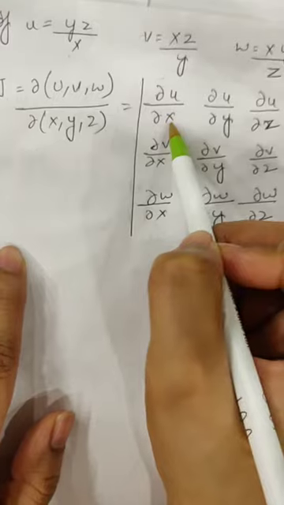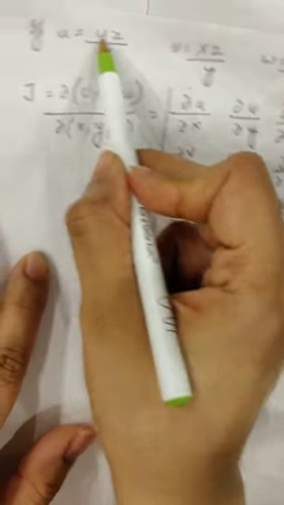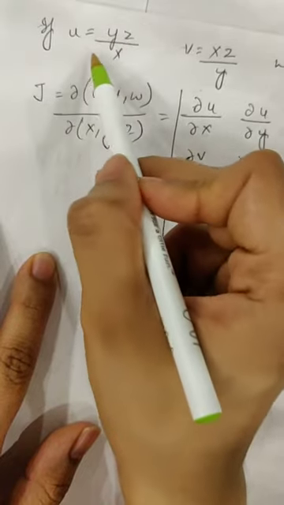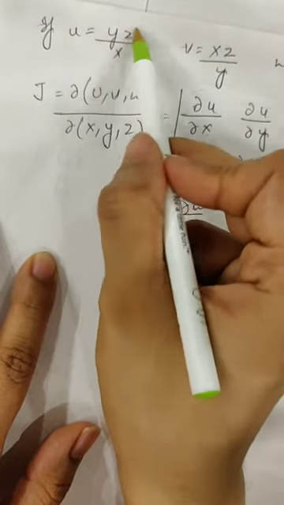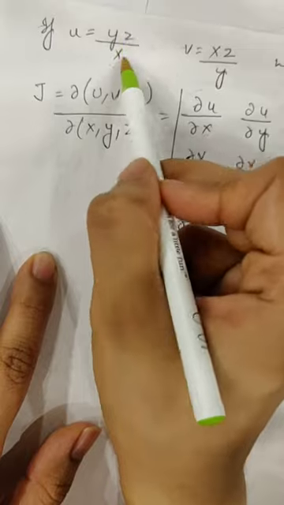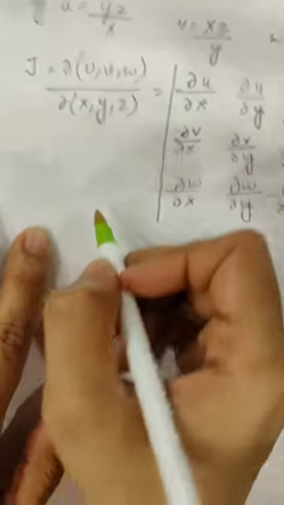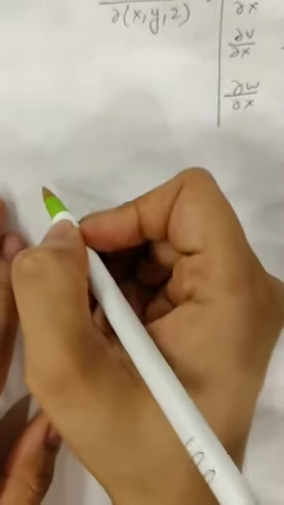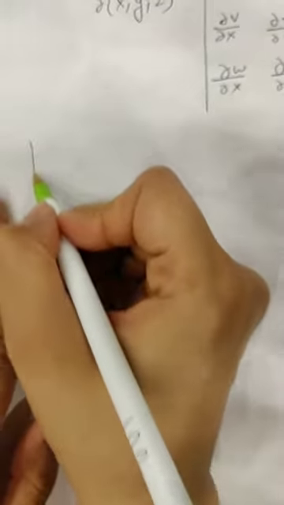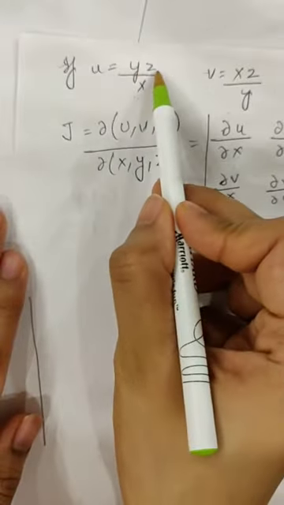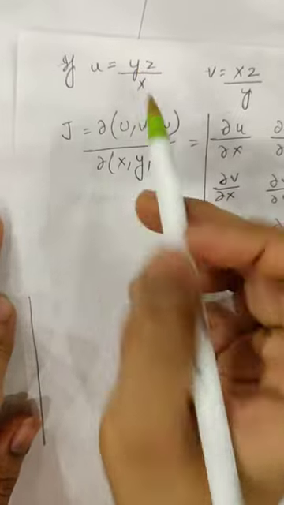Dou u by dou x means differentiation of u with respect to x. So yz would be constant, it would come out, and differentiation of 1 by x would be minus 1 by x square. So this term comes out to be minus yz by x square.